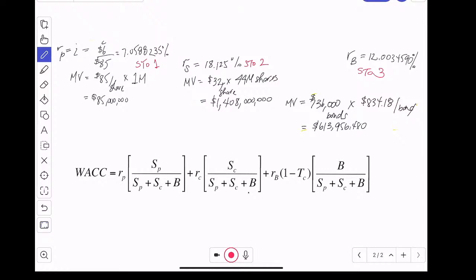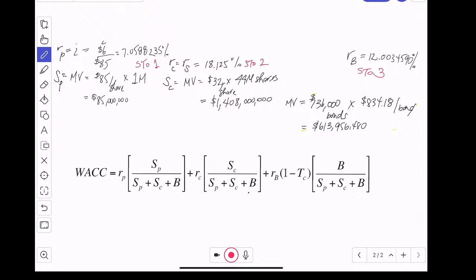This is SP. This is SC. And I guess I use RC. I changed notation.